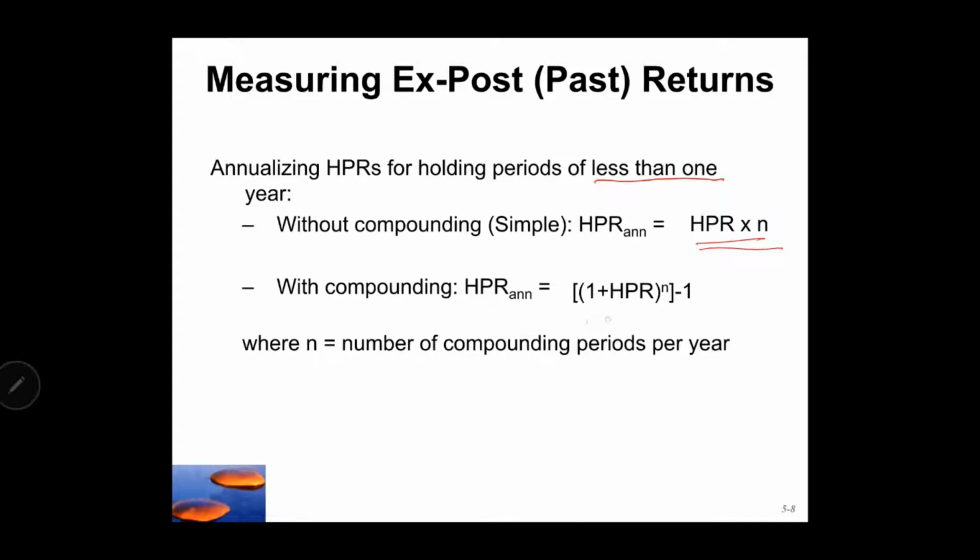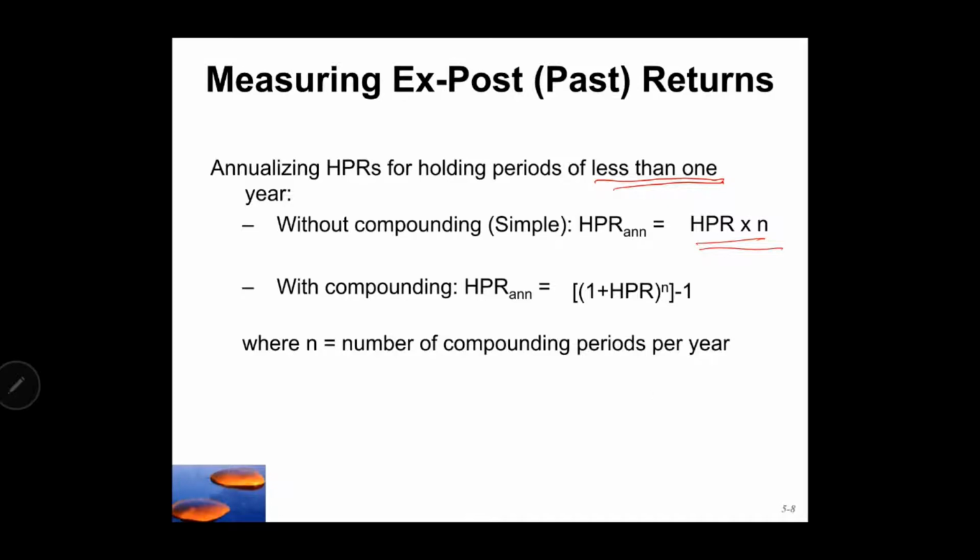Here also the compounding period is changed. We are not dividing 1 by n, we are just raising to the power of n. Okay, so this is the difference. If you are holding for less than 1 year, you use without compounding the simple formula of HPR, and with compounding, that is annualized, we use this formula.